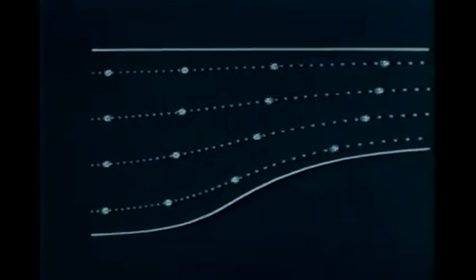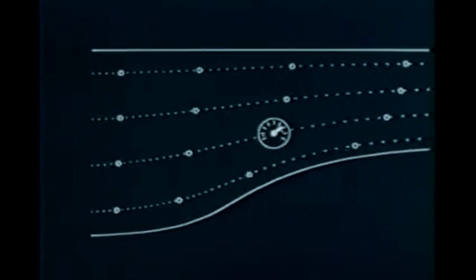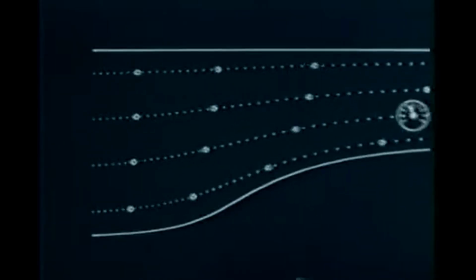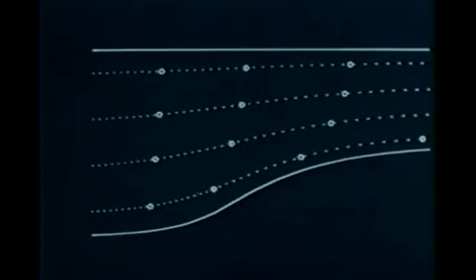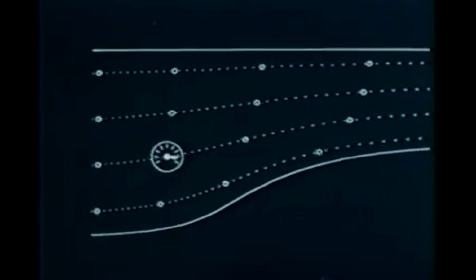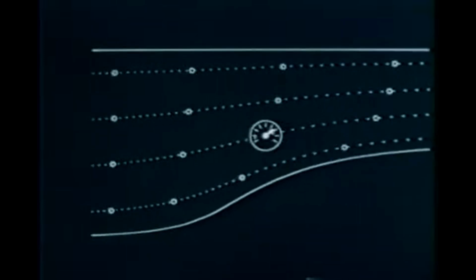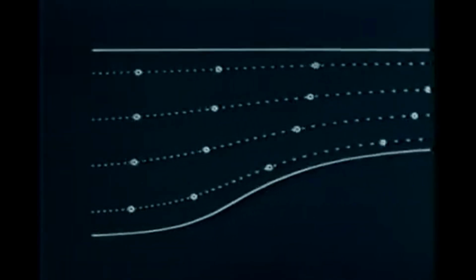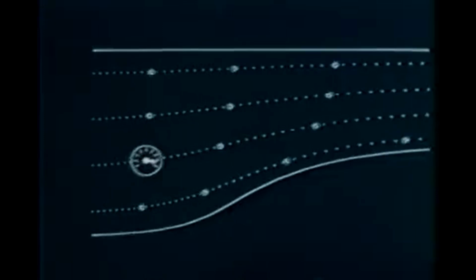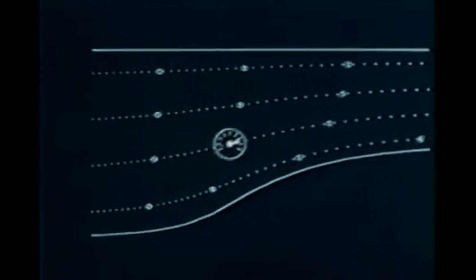We can imagine attaching an instrument, like a pressure gauge, to a moving point, to make what we might call a Lagrangian measurement. This sort of thing is attempted in the atmosphere with balloons of neutral buoyancy.